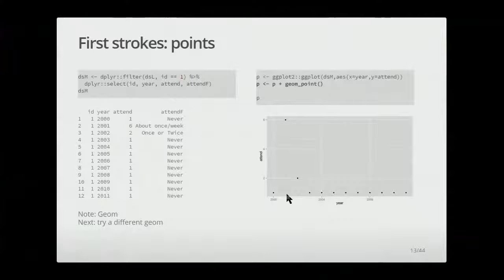At 2001, so this must be the next one because we don't have the tick here for some reason, the attend value was 6. So yes, it's 6. Then it's 2, and then it's all 1, 1, 1, 1. So it's clear here. There's no hidden anything in here. It's very transparent.